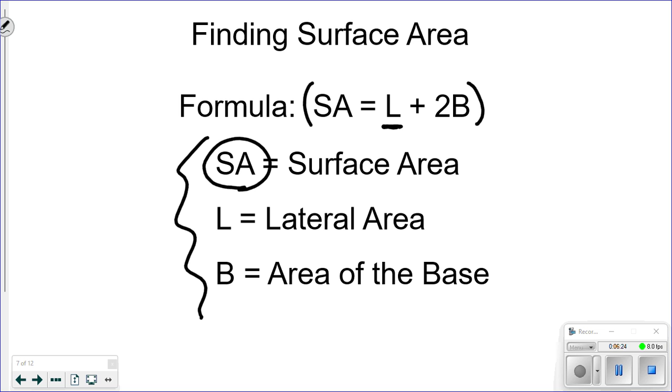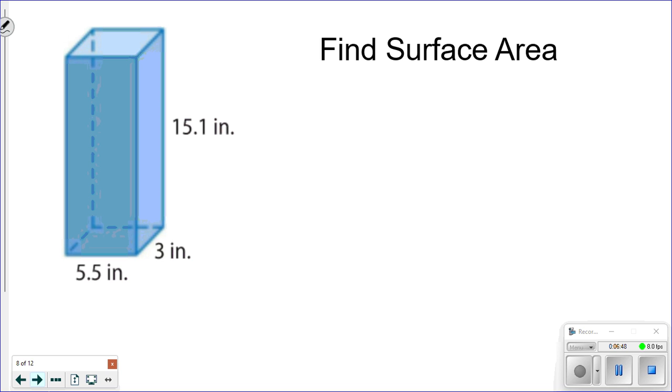And B means the area of the base, and notice you're going to multiply it by 2 because you have two bases. So surface area equals the lateral area plus 2 times the area of your base. All right, so let's work on this one. I'm going to write it out.